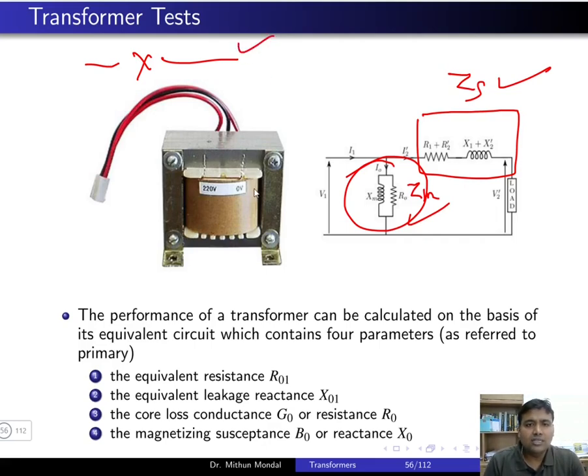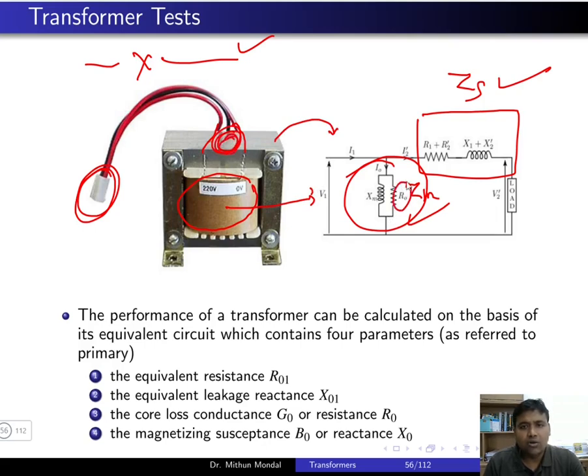If you see, this is the winding of the transformer, and the terminals are coming out here, so you have to do all the testing on the terminals of the transformer, so that for this particular winding and the core you can draw the equivalent circuit of the transformer. The core will have certain losses that you represent with R0.